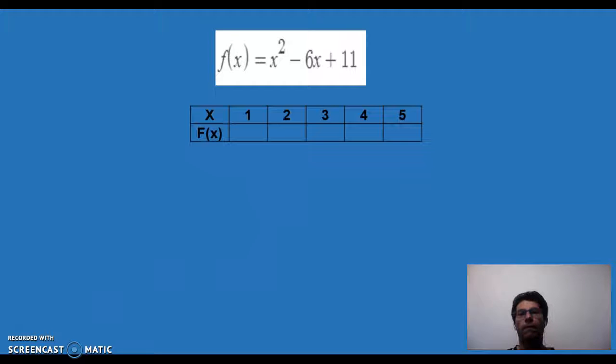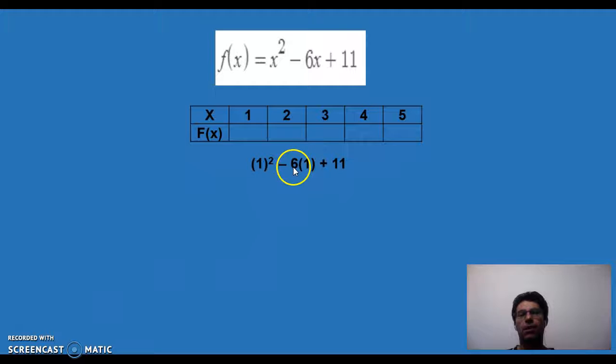For that we have given some values to x from 1 to 5. First, if we have the value of 1 for x, we replace x here by 1. 1 squared, and here minus 6 multiplied by x.